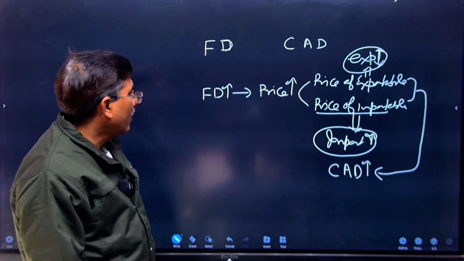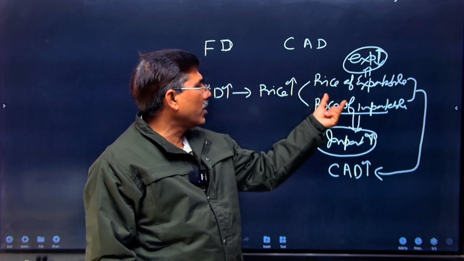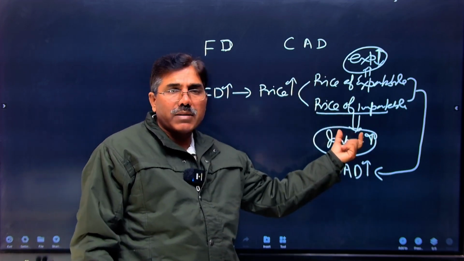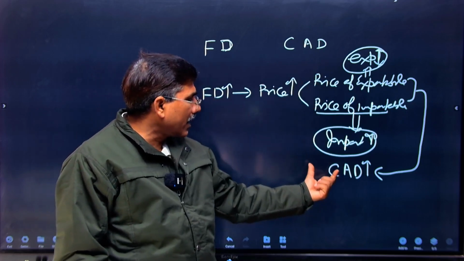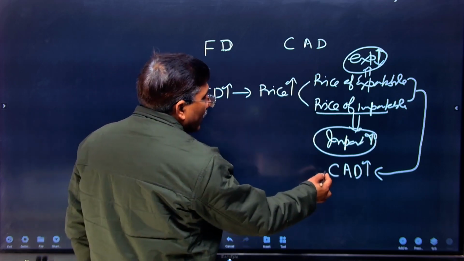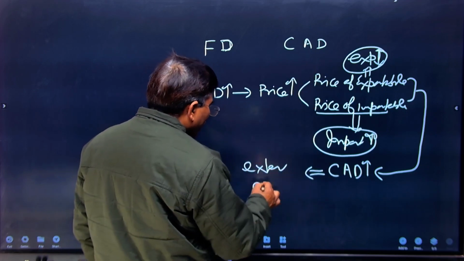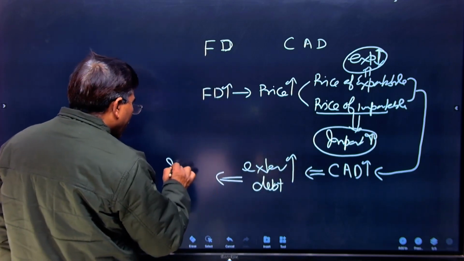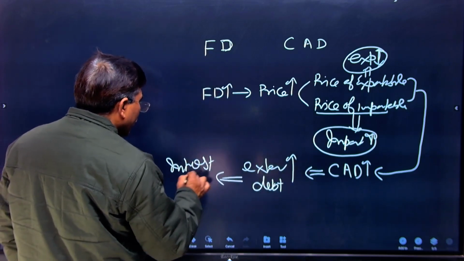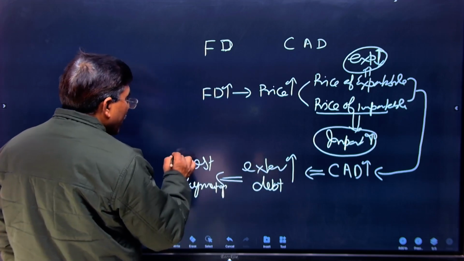Now you are clear? Increasing fiscal deficit, by increasing the price of exportables, by increasing the price of importables, by decreasing export, increasing import, increases the current account deficit, then it will increase external debt. External debt of the government will begin to increase. In this way, interest payment liabilities will increase.